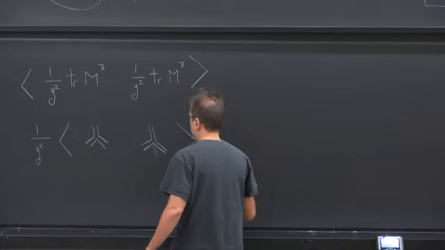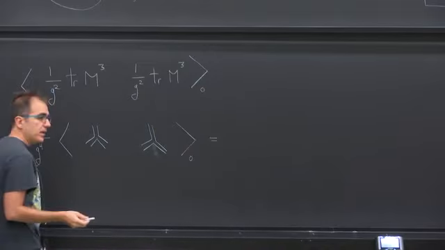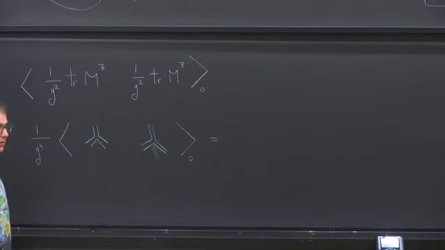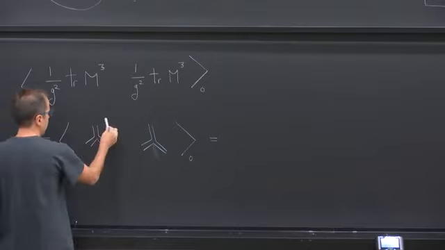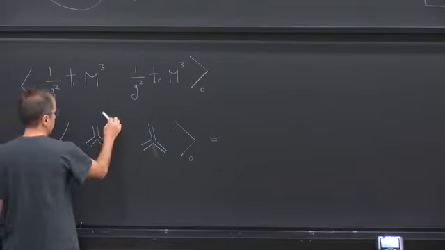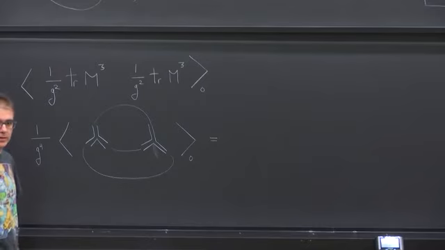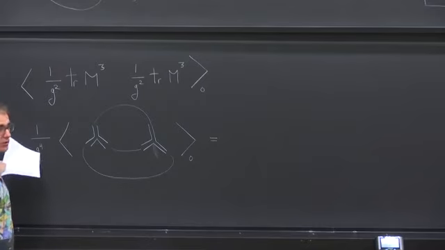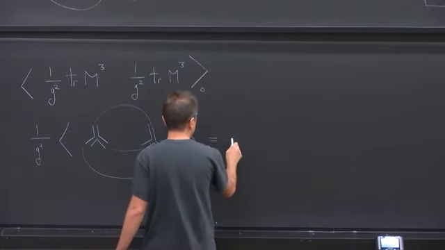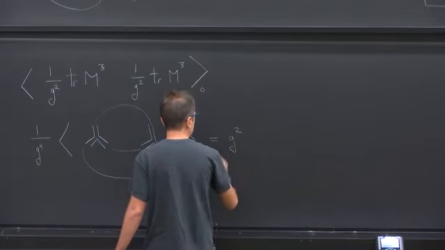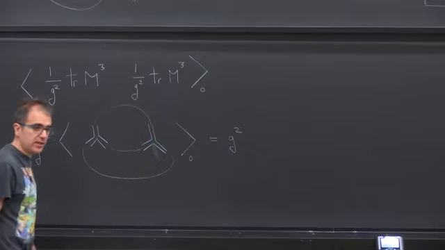First of all, how many propagators will there be in total? 3 propagators. I need to connect, for example, like this, and like this. 3 propagators. And therefore this 1 over g to the 4, each propagator has g squared, will become, like before, a g squared upstairs.